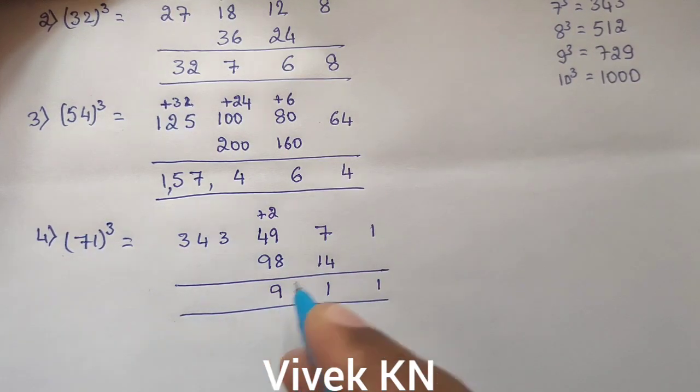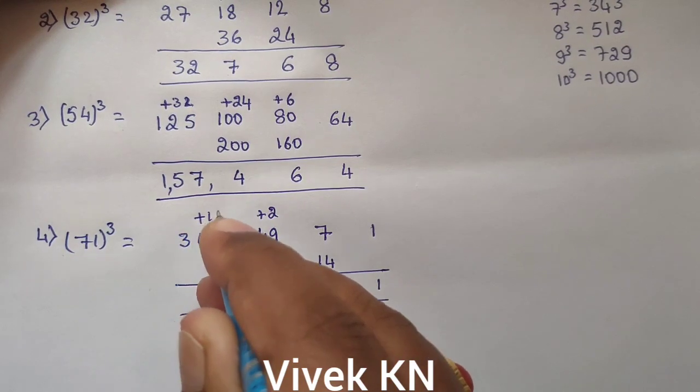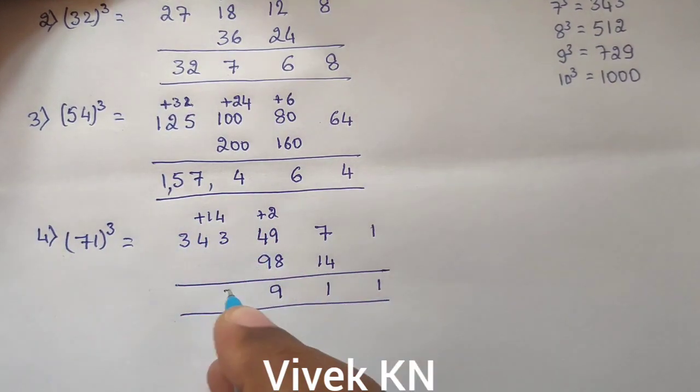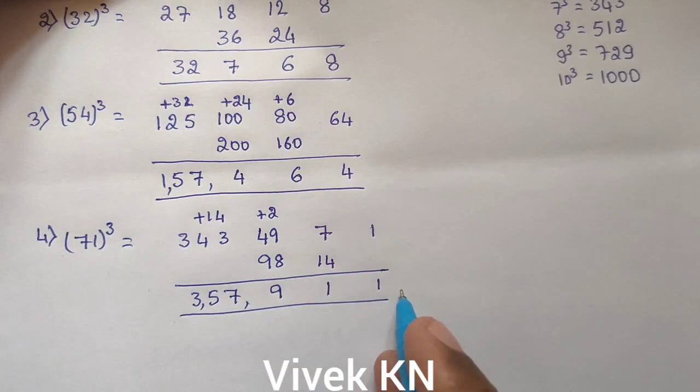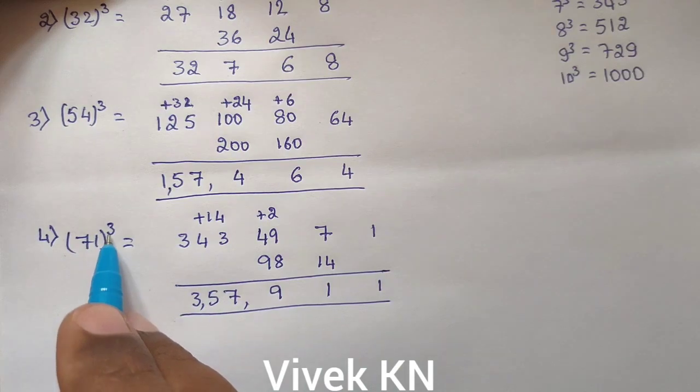So write 9 here and take 14 as carry. 4 plus 3, 7. 1 plus 4, 5. 3 as it is. That is 357,911 is the answer for 71 whole cube.